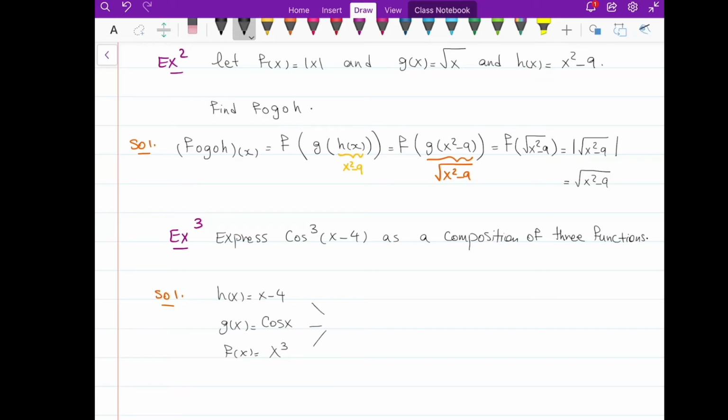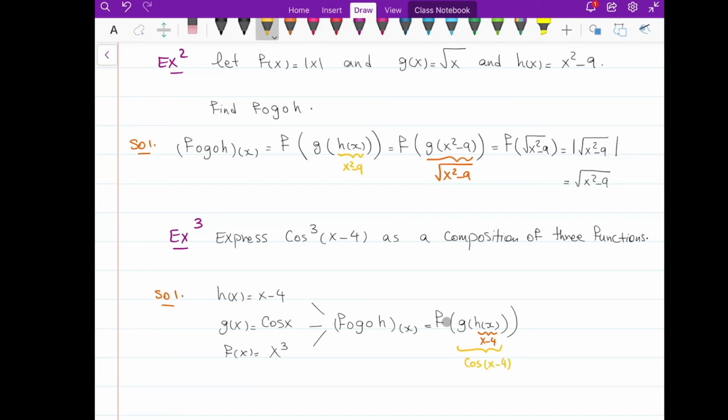Now let me check my work. F∘g∘h of x. It would be f of g of h of x. H of x is x minus 4. Then I have g of x minus 4. G of x minus 4 would be cosine of x minus 4.